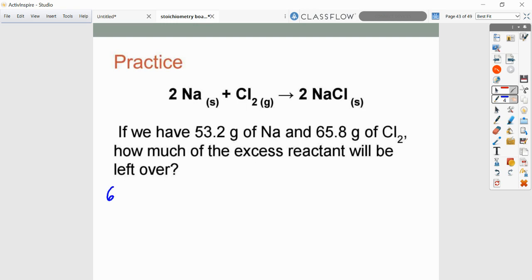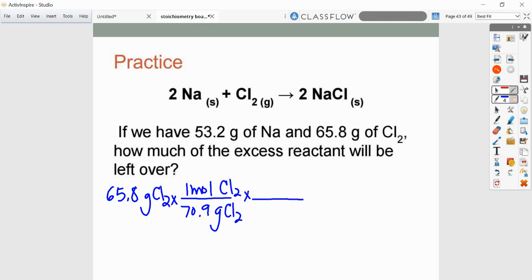So we have 65.8 grams of chlorine. We're going to use the mass of chlorine again, so 70.9 grams of chlorine, 1 mole of chlorine. We're going to now do the mole ratio between chlorine and sodium. So 1 mole of chlorine is equal to 2 moles of sodium.